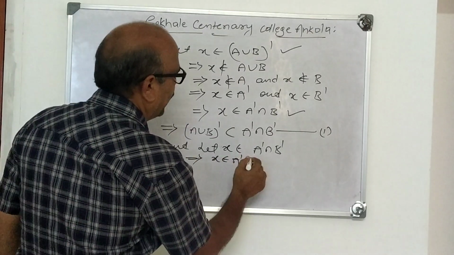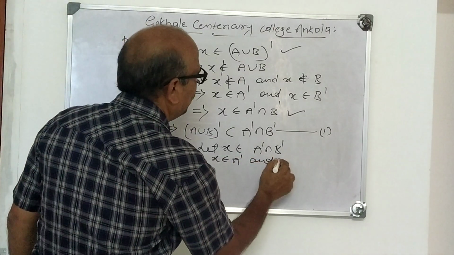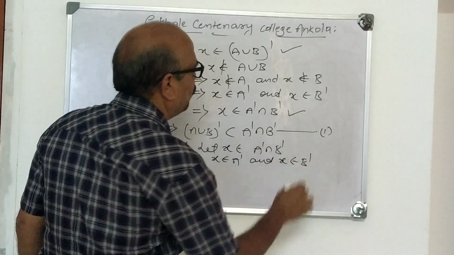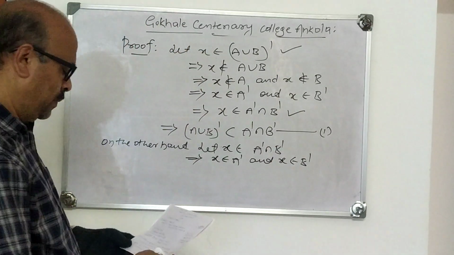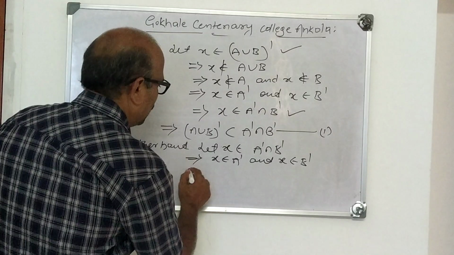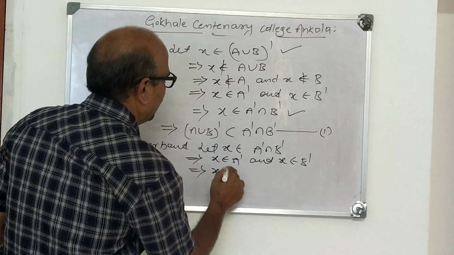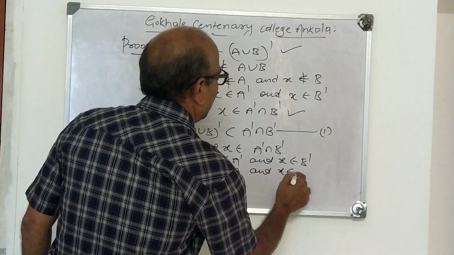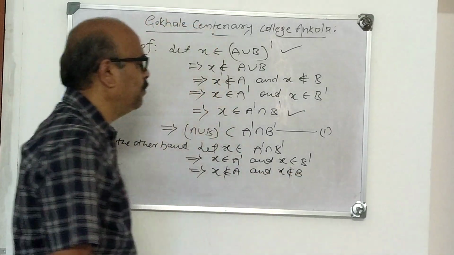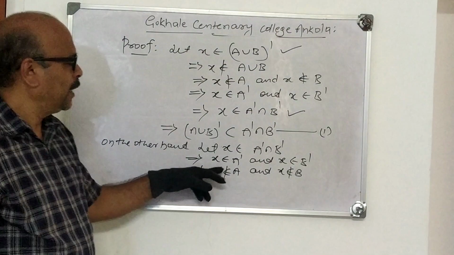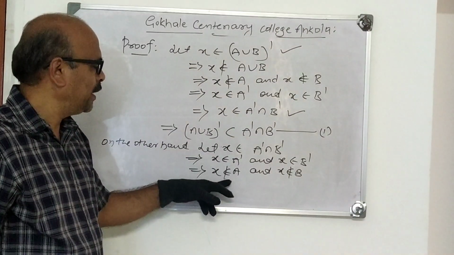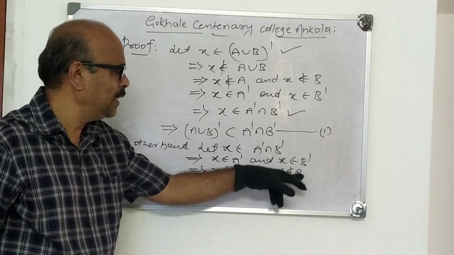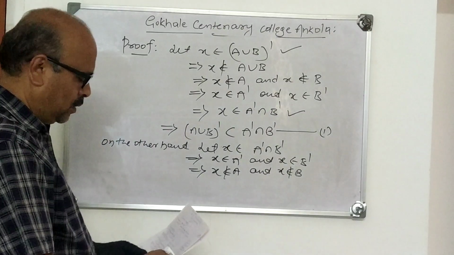X belongs to A complement and x belongs to B complement. This implies x doesn't belong to A and x doesn't belong to B. X belongs to A complement means x doesn't belong to A. Similarly, x doesn't belong to B.